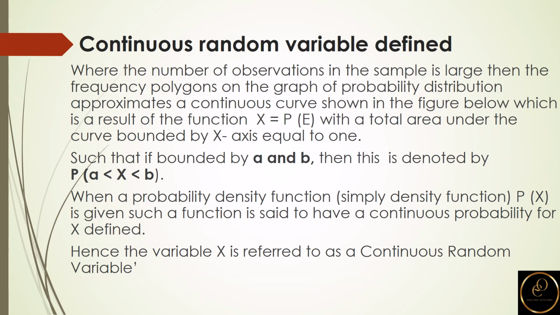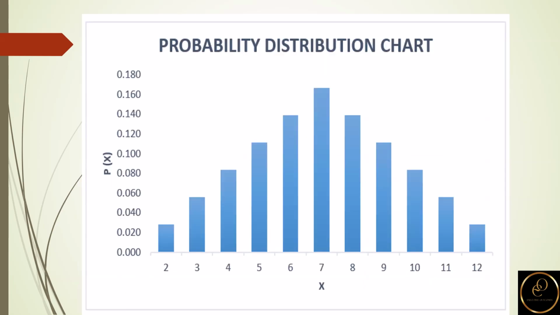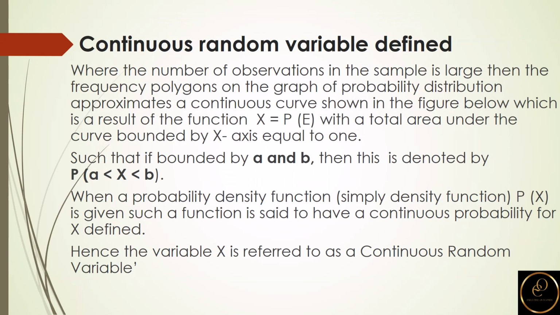If it is bounded by A and B, where the x-axis is the limit on the graph, then it can be noted as the probability of A less than x, x less than B. So that's what we have.